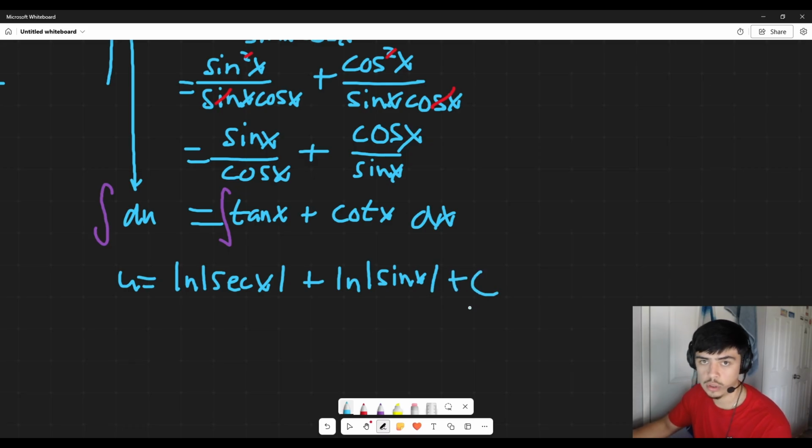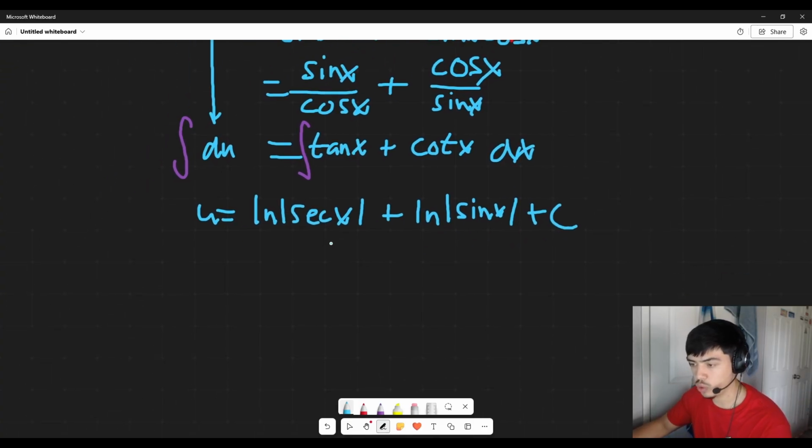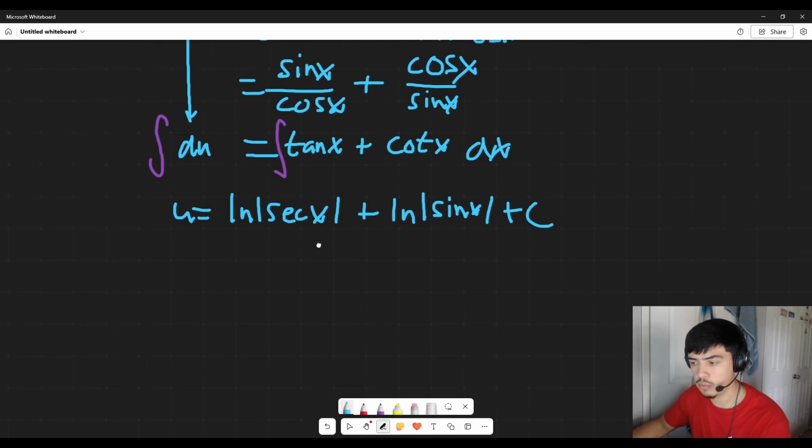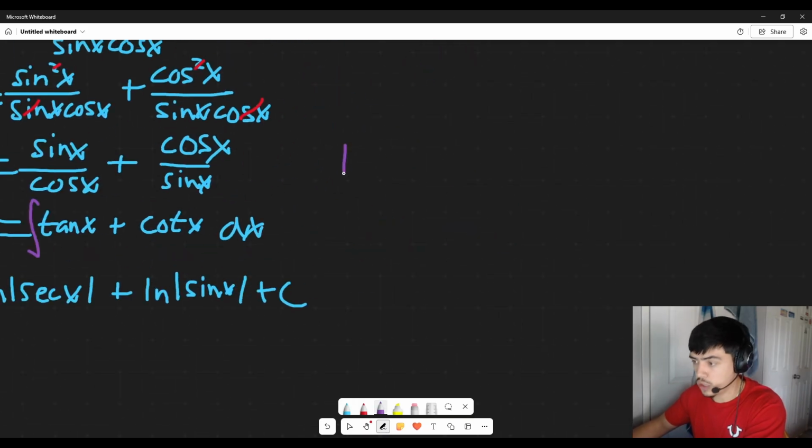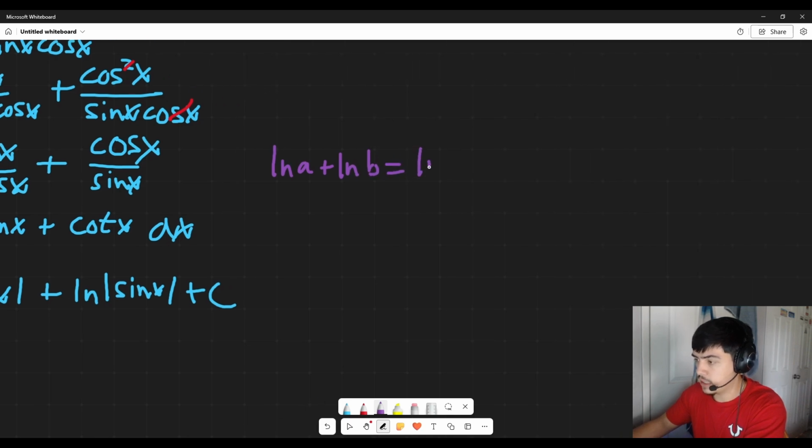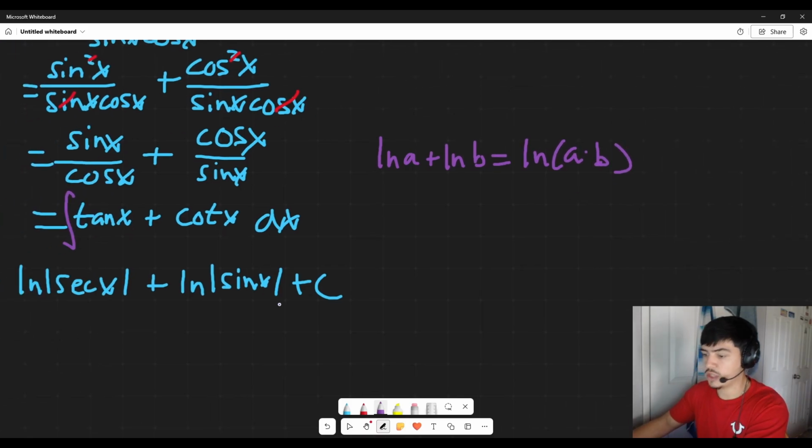Remember, for our u, we always do add a plus c. But we can go ahead and just do a little bit more simplifying here to make it look easier. Recall our natural log properties. We have natural log of a plus natural log of b is the same thing as natural log of a times b. That's what we have here, right?